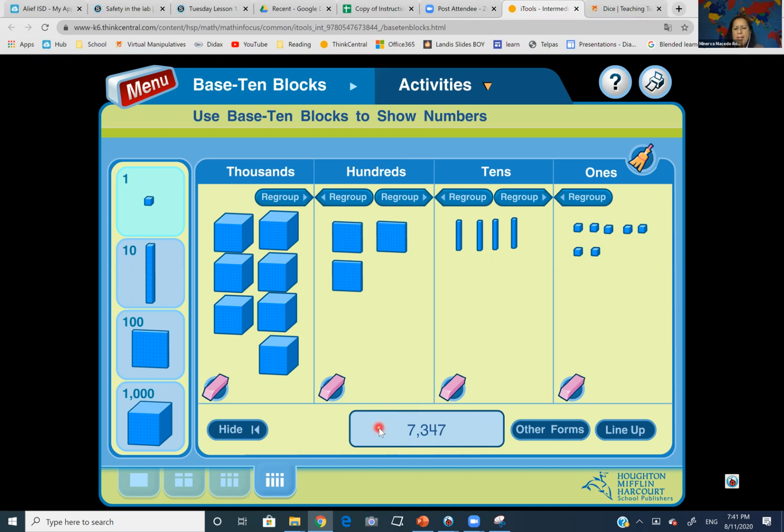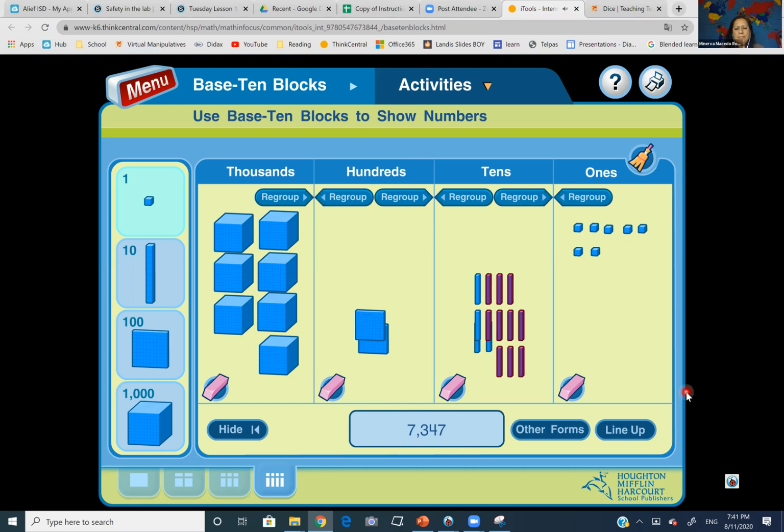For example, let's see if I take one of the hundreds and I regroup it in the tens place. Now, if you notice, now I have only 2 hundreds, but I have 14 tens. So let's check if that is the same as the previous number we had. Let's check on that in the next slide.